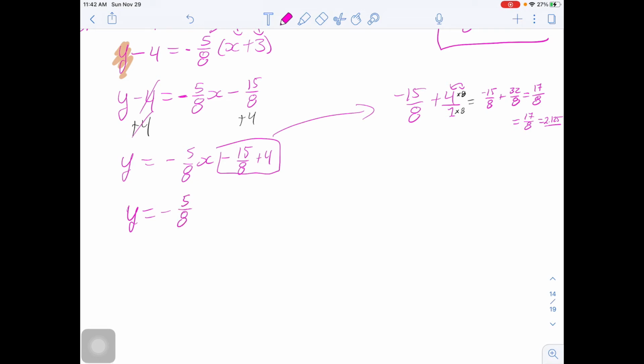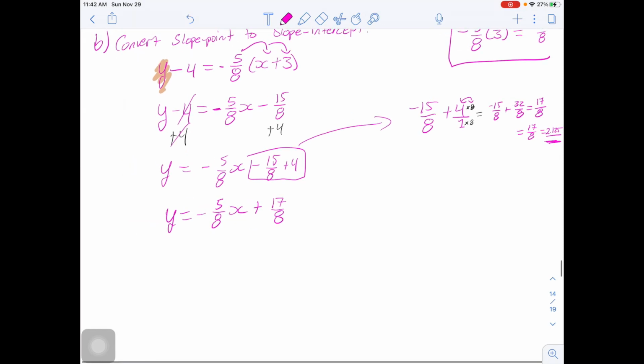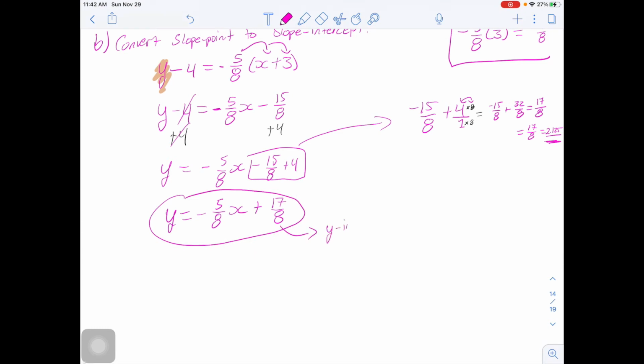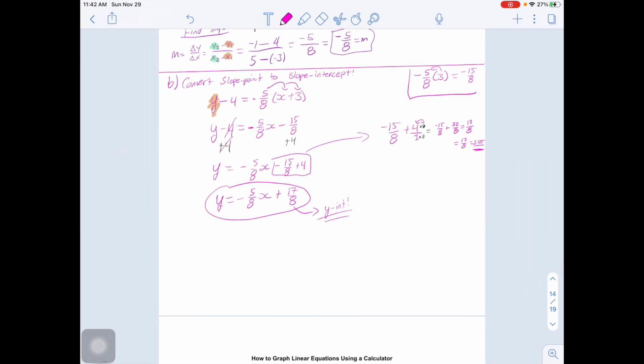So negative 5 over 8 x, and actually never mind, I'll leave it as a fraction. So this is plus 17 over 8. And there is my slope-intercept form, and recognize there's our y-intercept. Okay, so you would actually be able to graph this. We'll go to C pretty quickly here, but now you're able to graph this really nicely.